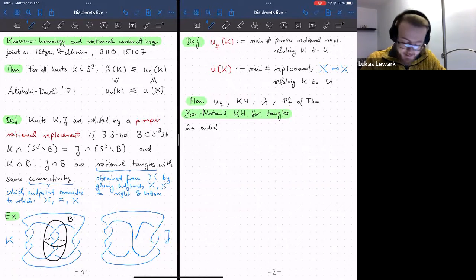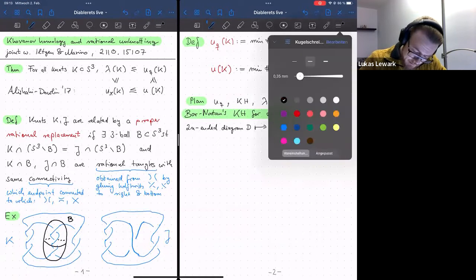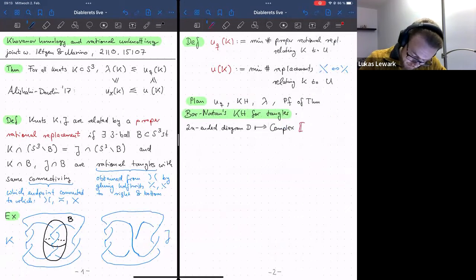What Bar-Natan does is that he associates to a 2n-ended tangle diagram D a chain complex, not of modules, but just a complex over some additive graded category. So we write this complex bracket D.